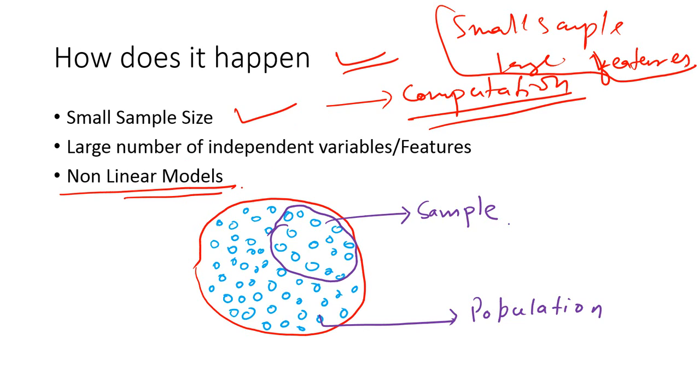Some of the models which come under the nonlinear model category, especially the tree-based models and polynomial models, when not used very well, could lead to model overfitting, which could do well in the sample data or in the training data that you are using, but may not do well in the future.